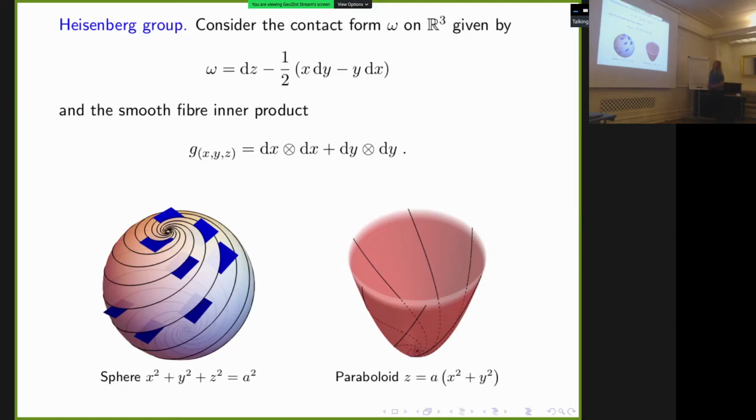Another thing I should highlight is that metric-wise, from this point to this point down here, this path has finite length. If you just use this fiber inner product, in finite time you can end up at this point down there.